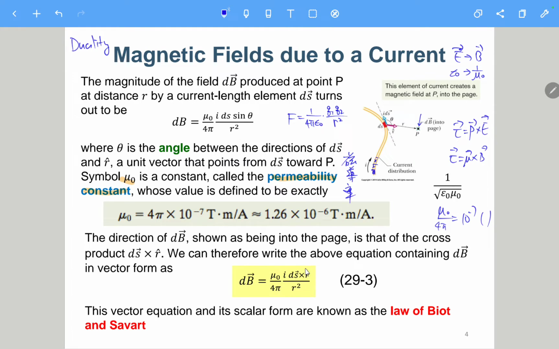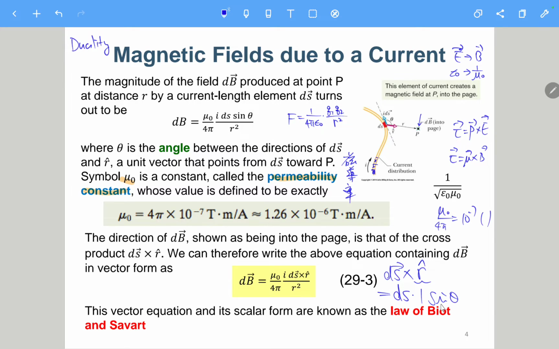This R hat is the unit vector in the R direction, so it does not influence the magnitude, because ds cross R hat is ds times the magnitude of R hat, which is 1, times sine of theta, where theta is the angle between these two vectors.